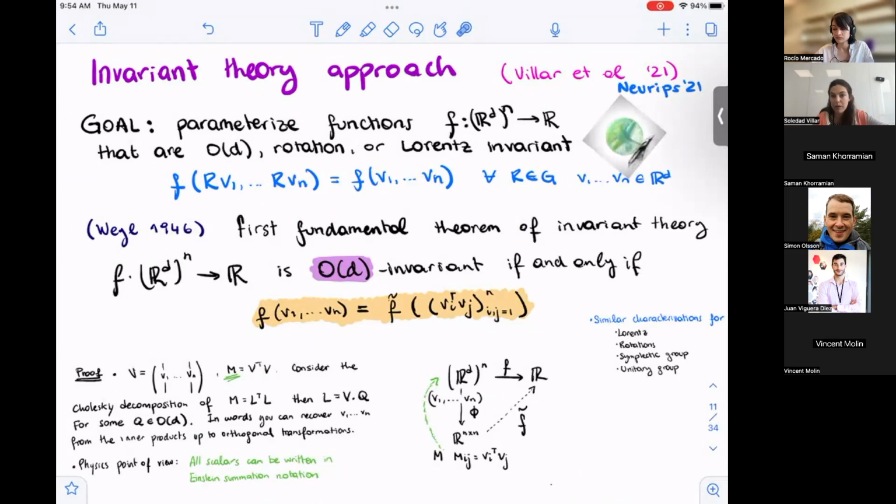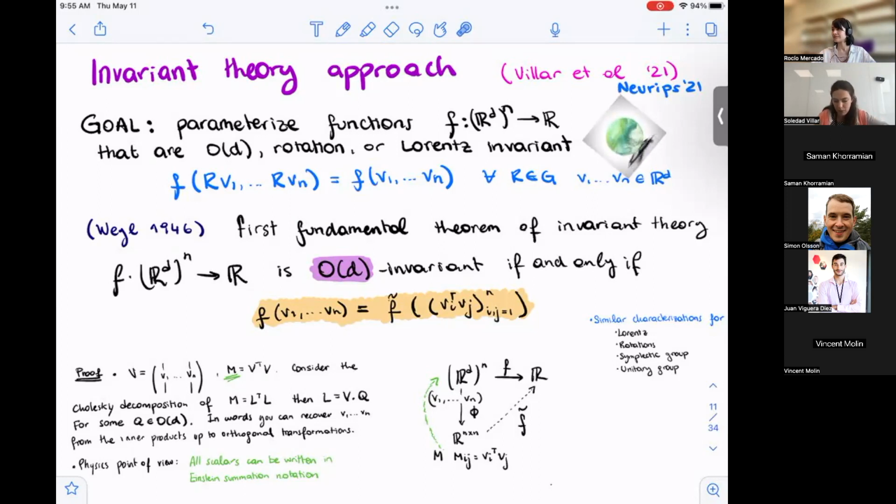So if you look at, for instance, another group like the Lorentz group, then the kernel that you will need to use is the Minkowski inner product, defined in a different way. So basically, if you can write the invariance as a function of pairs of vectors, which you can do in the case that the group is defined as a stabilizer of a bilinear form.